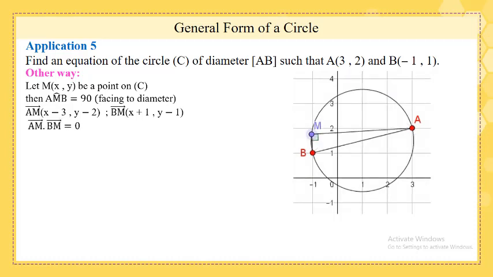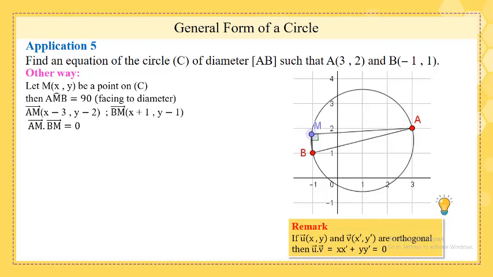We know that the scalar product of vectors AM and BM is equal to 0, since if two non-zero vectors u and v are orthogonal, then their scalar product, which is equal to xx' plus yy', is equal to 0. Applying this rule, we will obtain the following equation.